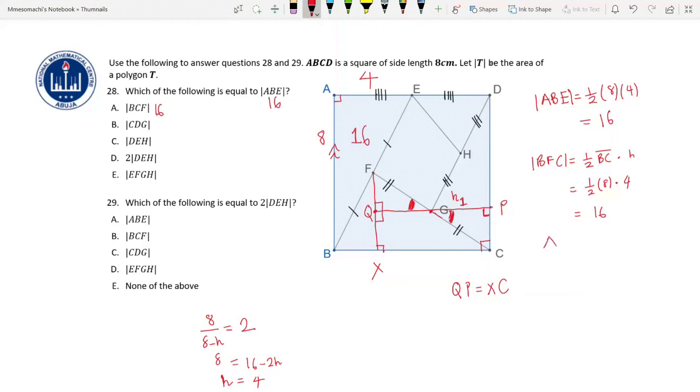So we have that triangle GFQ is congruent, this sign here means congruent, to triangle GCP by what? Angle side angle, ASA. So this is the criterion I'm using, because this angle here equals this angle, this side here equals this side, and this angle here is equal to this angle.